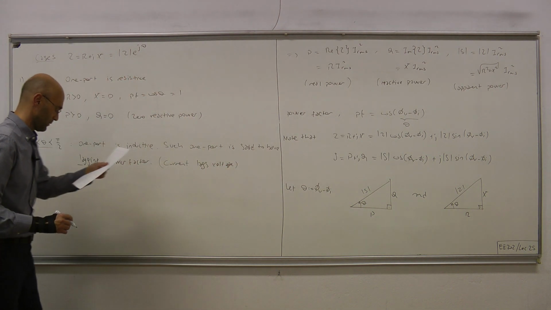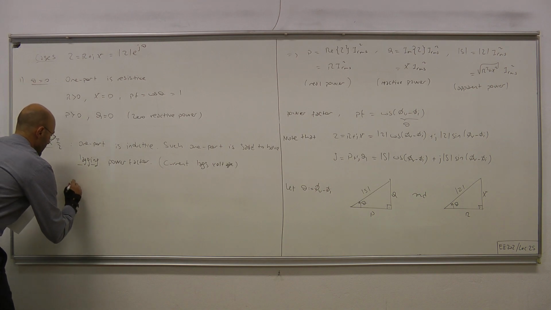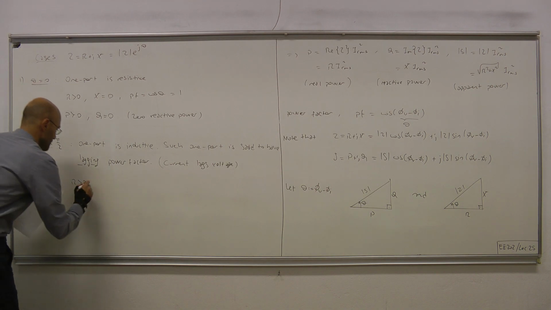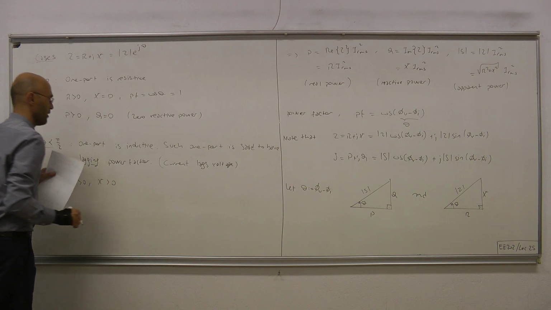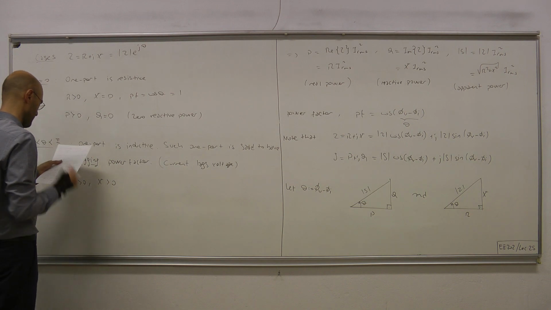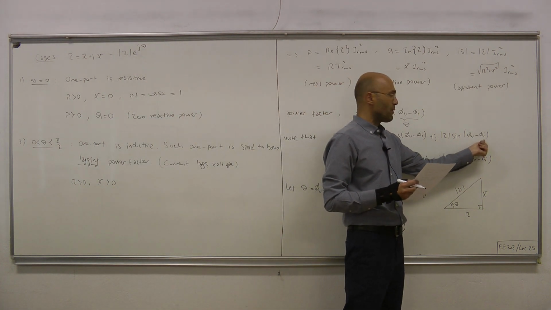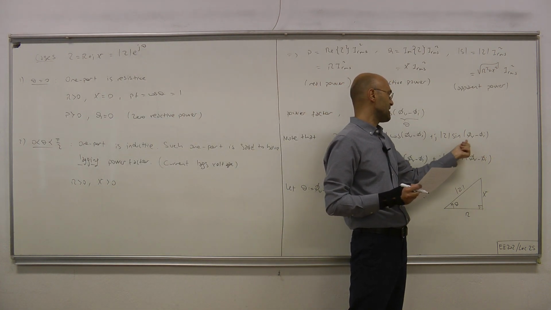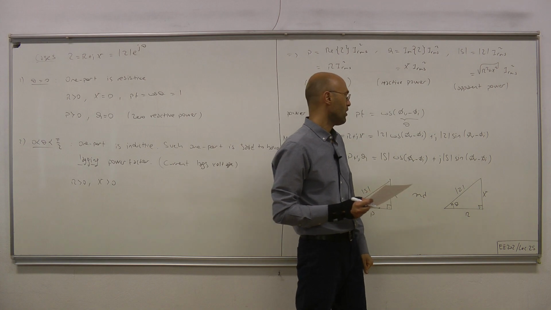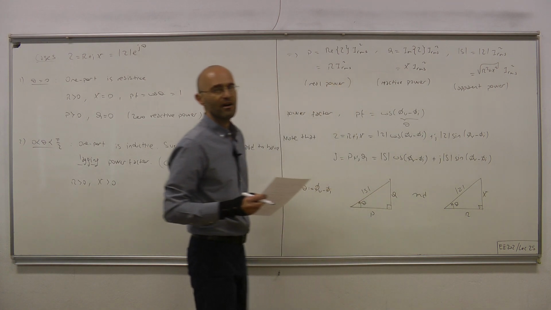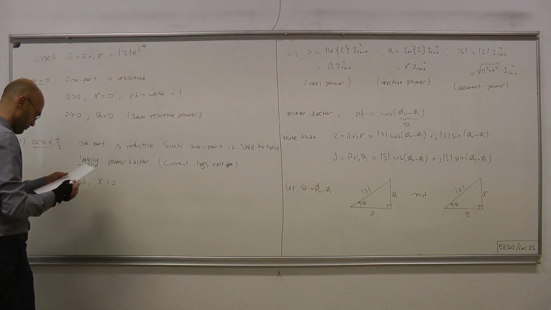So we have R positive, X also positive. Okay, why? Because this is somewhere between 0 and 90, and sign of such a phase is positive. Okay, therefore we have positive reactance.